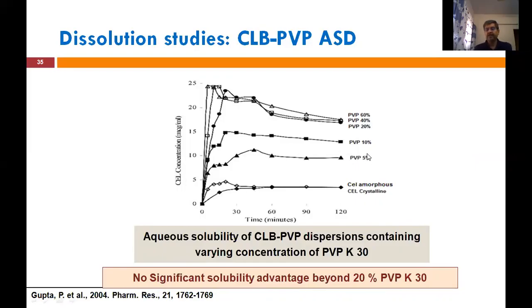If you keep on adding increasing amount of PVP at 5%, 10%, 20%, 40%, and 60%, you see improvement in the solubility of celecoxib.